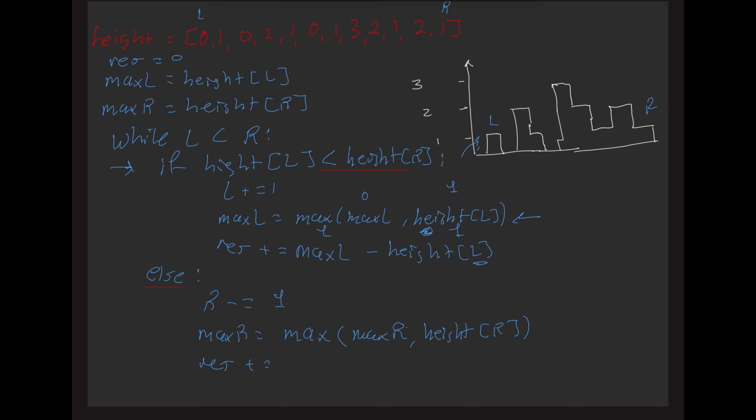But here it is technically not a shift, because our max is equal to the height at the point, because now this is 2, so it will be max right minus height of the right, which will be 2 minus 2, and it's equal to 0.